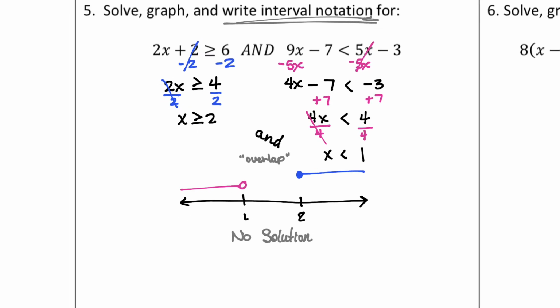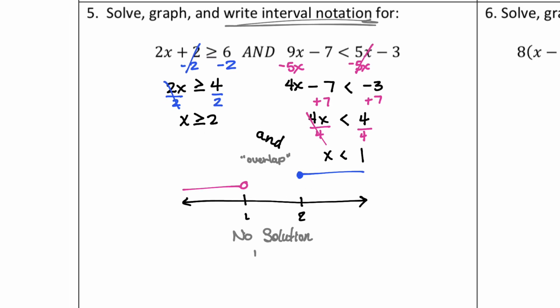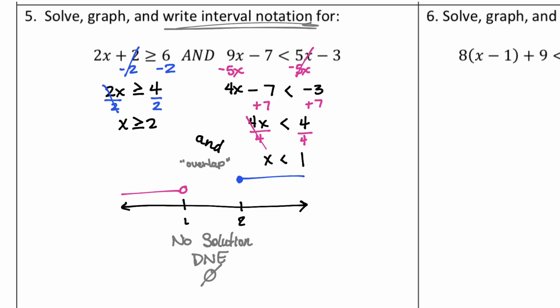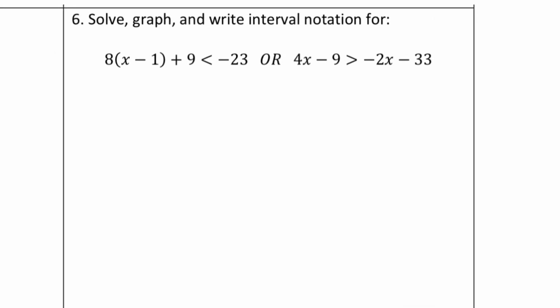You could also write DNE for does not exist, or no solution that way. I don't care which one you write, just as long as you write something that tells me you left the number line blank on purpose because there was no answer. All right, let's take a look at your number 6.